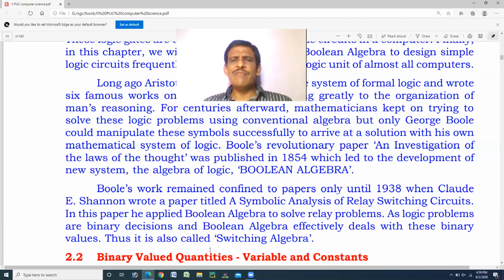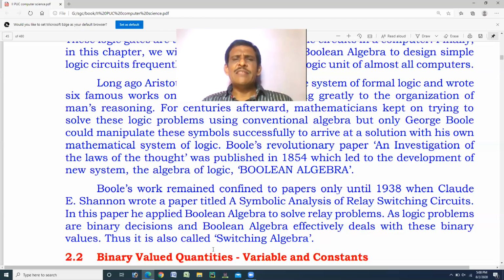In 1854, George Boole introduced Boolean algebra, but his work was used in 1938 by Claude Shannon in relay switching circuits to solve relay problems.